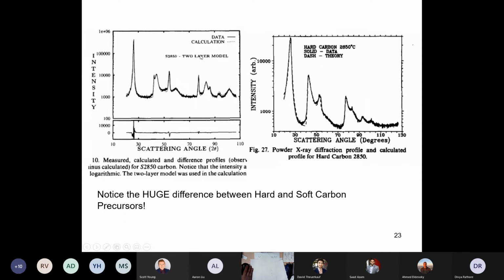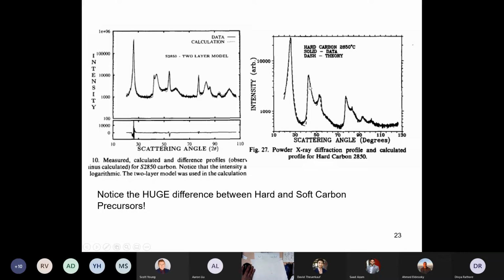And then if you compare at 2850 degrees a soft carbon to a hard carbon, like I mentioned before, the soft carbon is already about 90% of the graphene sheets roughly in AB-AB stacking. Over here, you still have a triangular peak. There's no evidence of the second peak and this other hump that are telling you about AB-AB stacking at all.